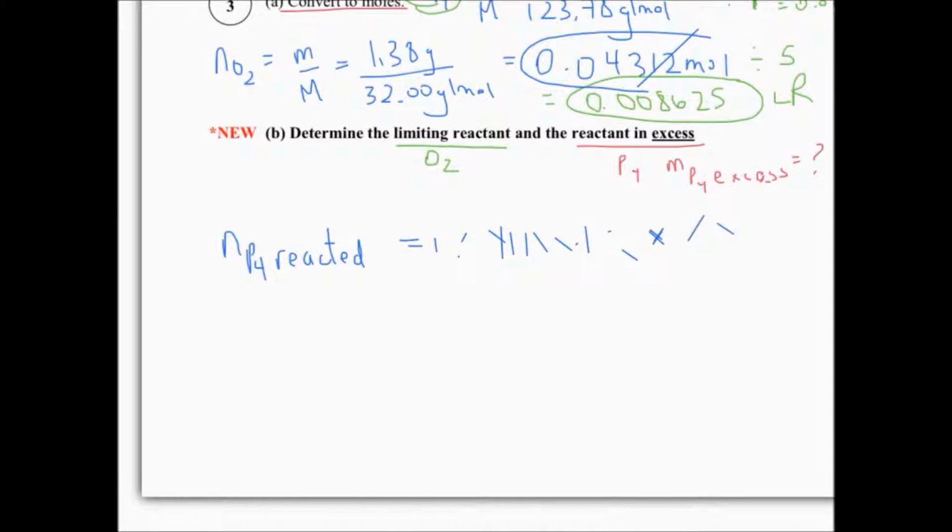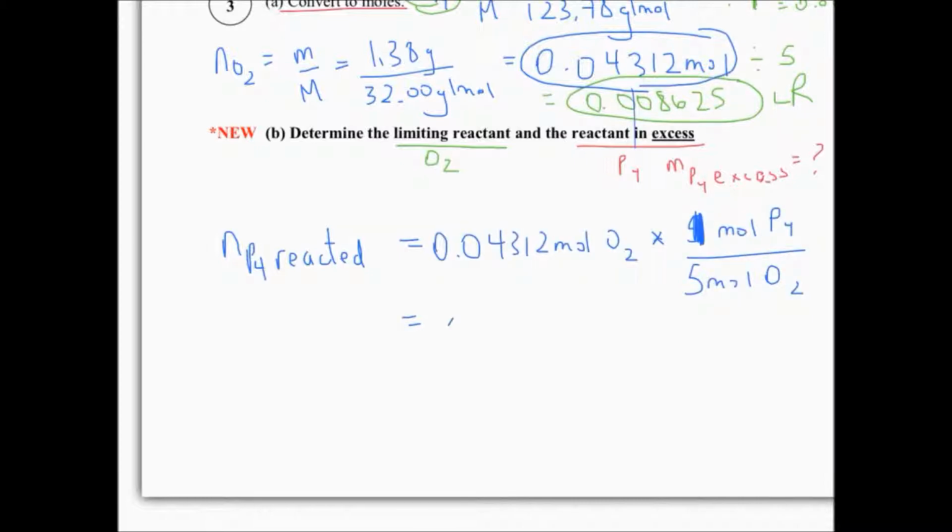I have 1 mole of P4 for every 5 moles of O2, and that gives me a value of 0.008624 moles.